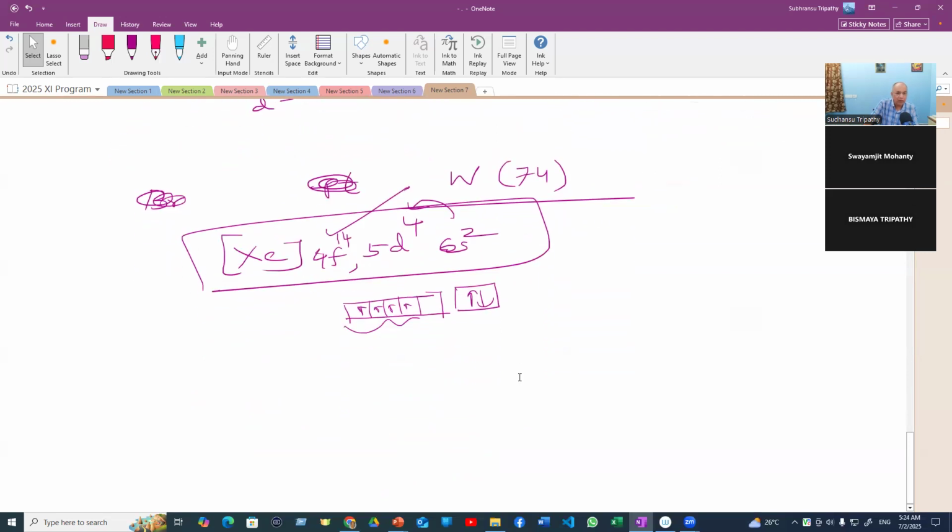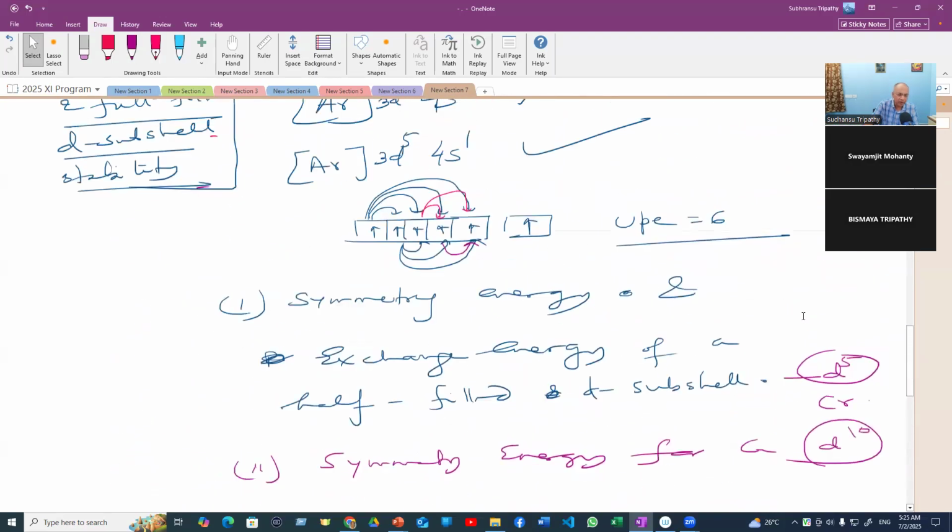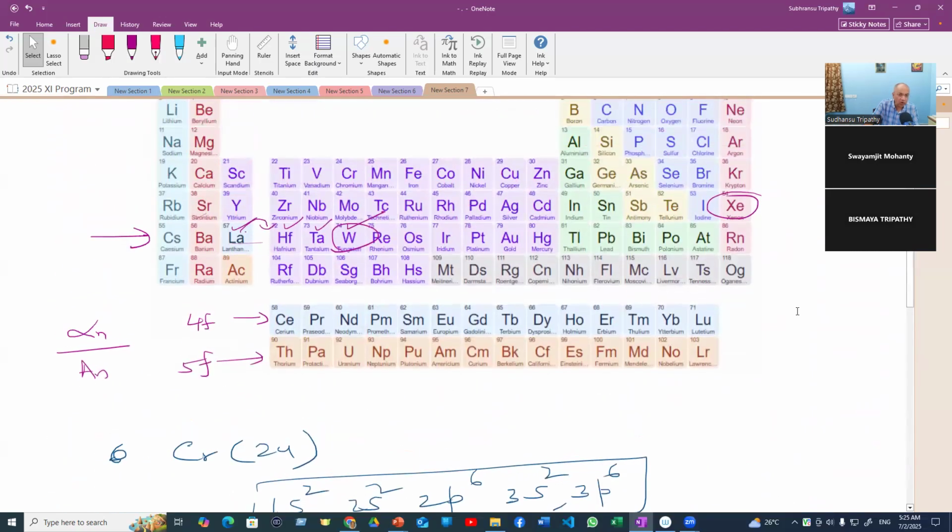Now I can ask you to write down, say, bismuth, 83. You'll see the periodic table if it is given to you. If you do not have a periodic table, you do not know bismuth belongs to the sixth period. It is a continuation of the same tungsten ending with mercury and then thallium, lead, then bismuth.